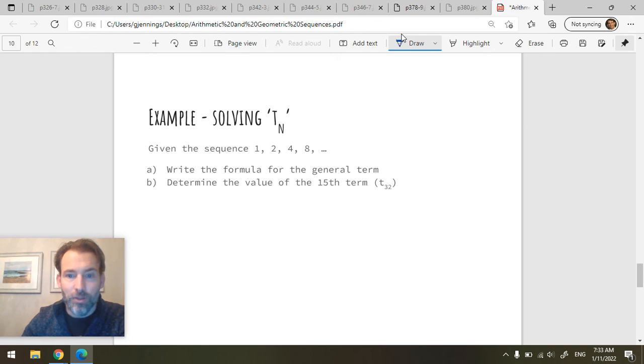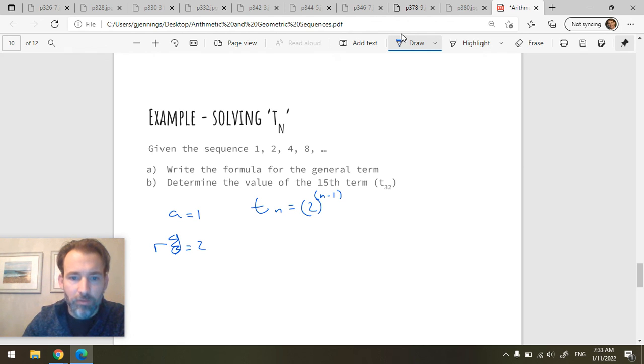Okay, so for the general term, I can have my a as 1. So a equals 1. My common ratio is 2, and therefore this is my general term. The nth term is 1 multiplied by 2 raised to the power n minus 1.